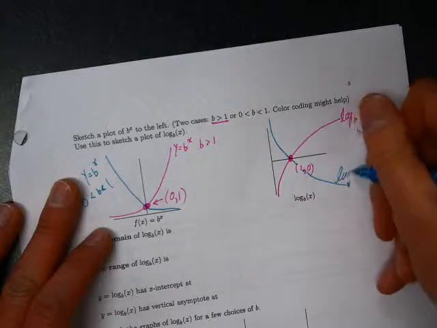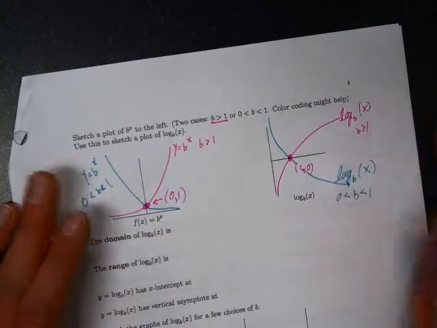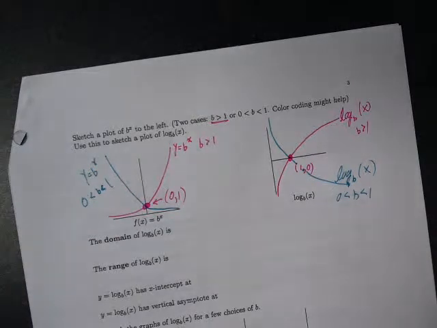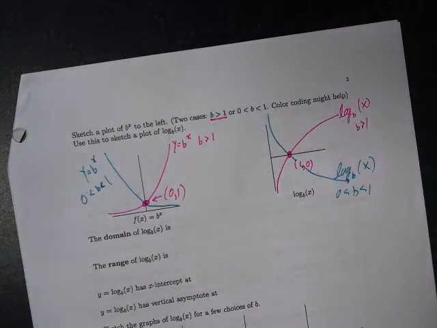On the other hand, there's the log base b of x, when 0 is less than b is less than 1. And let's read some things off from the domain, from these pictures. What are the domains of those functions? On either the pink or blue graph, what x values do you see? Do you see any negative x values? Do you see 0 as an x value on the graph?